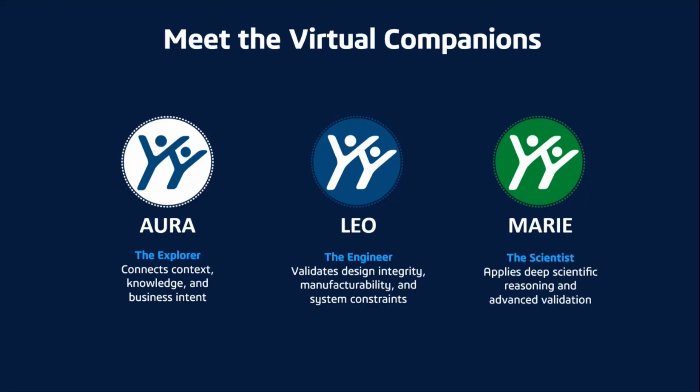Leo is your engineering companion. It will focus on validation and manufacturability. SolidWorks is building Leo to generate assemblies, evaluate your part design, and resolve issues. Meanwhile, Mary will bring scientific intelligence with deep expertise in material chemistry research.